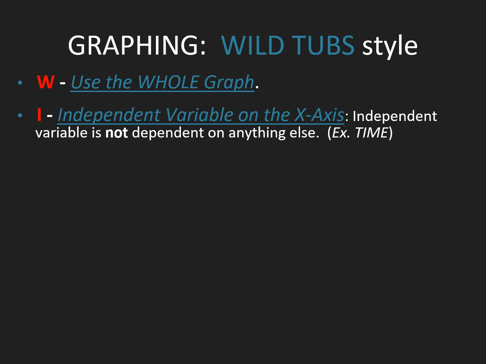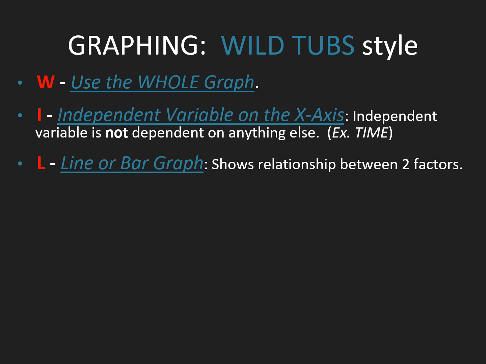Other times, in a more simplistic experimental design, especially when we're comparing categories, the categories will go on the x-axis, and that's actually going to relate to this next part of WildTubs, where we're talking about line or bar graphs. So whether you're using a line or a bar graph depends on the type of data that's going on your x-axis.